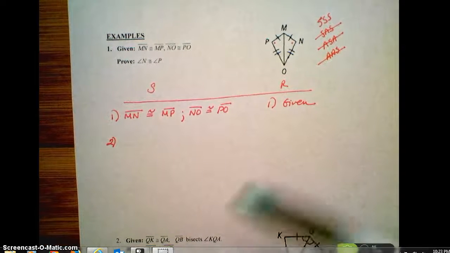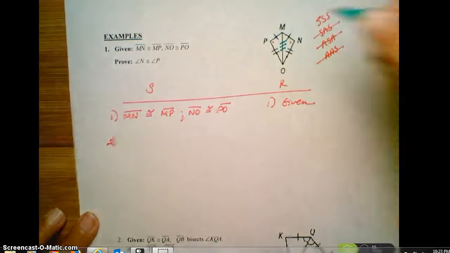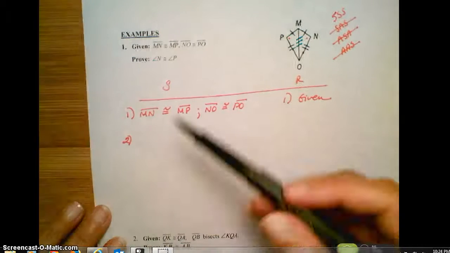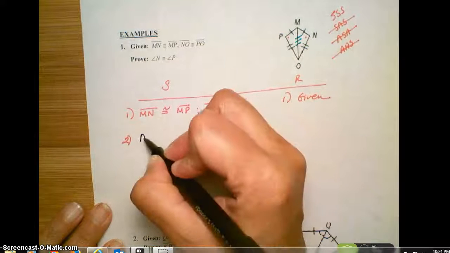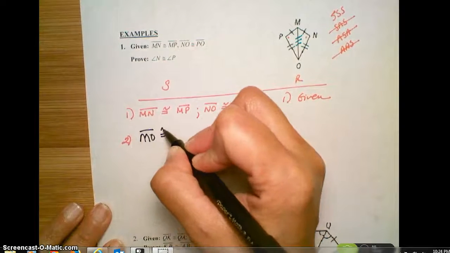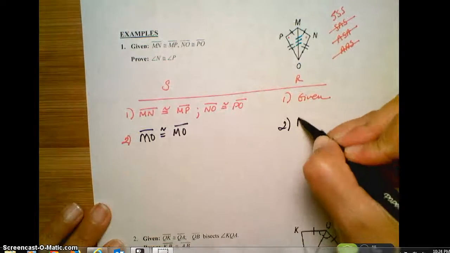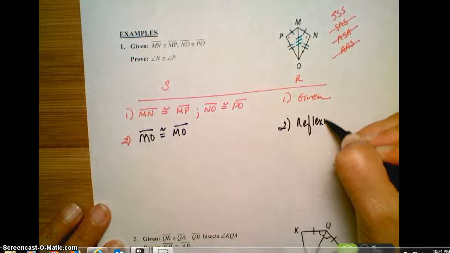And that's right. The third pair of sides is the reflexive side, the side that they share. So the next step in your proof would be that segment MO is congruent to segment MO. And your reason, of course, would be reflexive property.